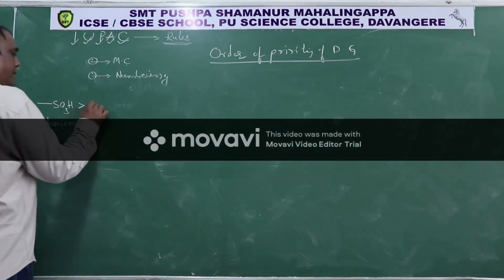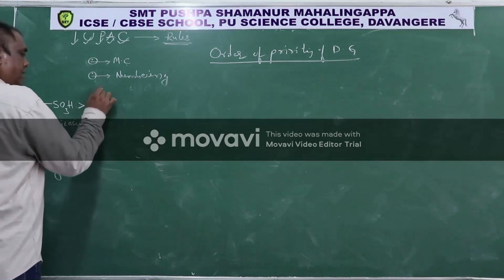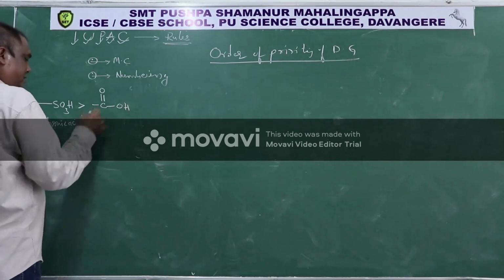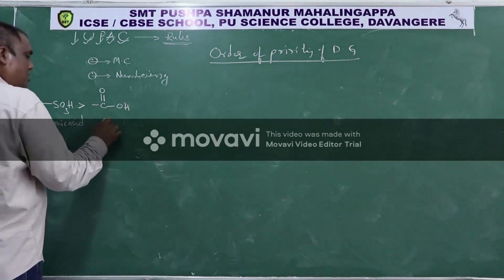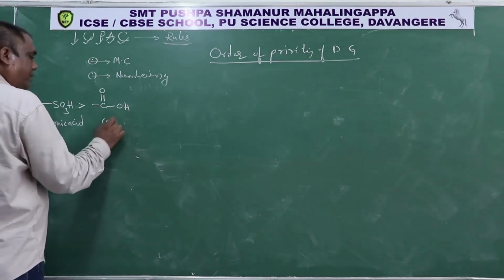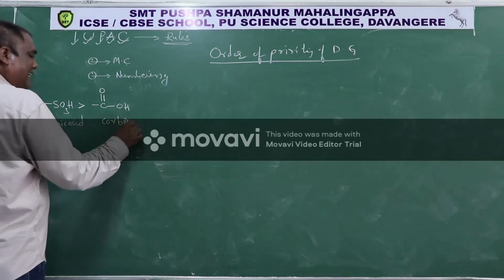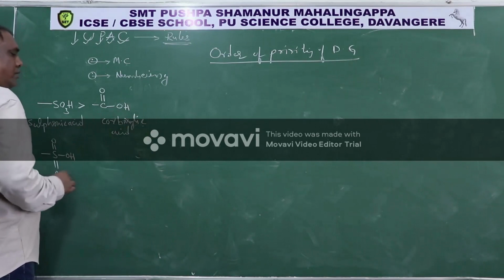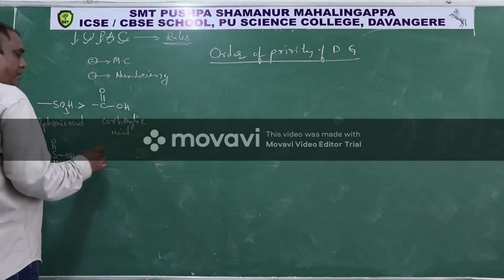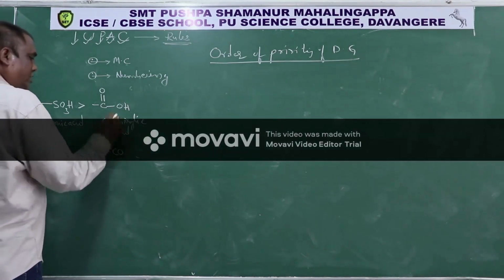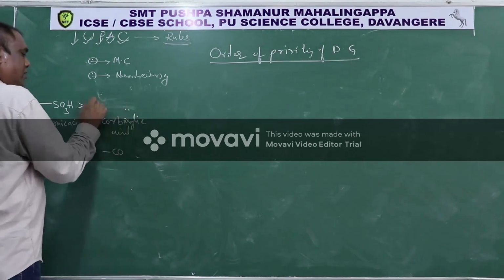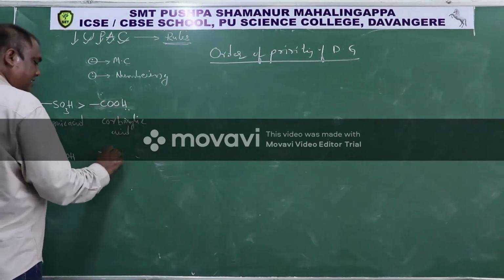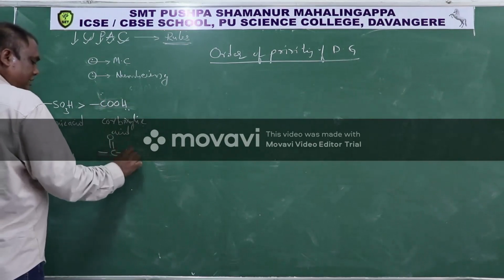Then C double bond O, OH. This is called carboxylic acid functional group. Or it is also written as COOH group. Let me write here the short form, COOH group. And the structure is C double bond OOH.